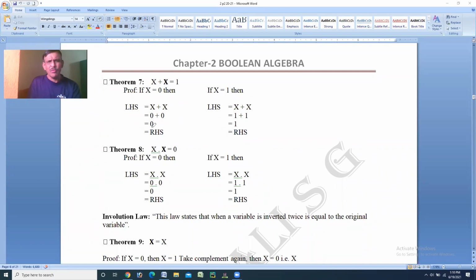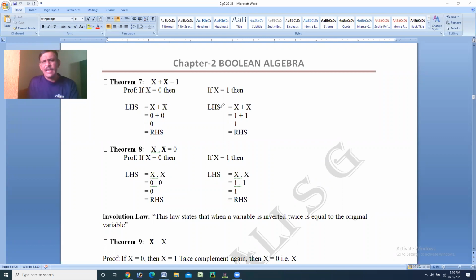I hope it is clear to you all. Here in the 0 complement step you write 1, because this is 0 complement. So 0 plus 0 complement is 0 plus 1, which is 1, equal to the RHS. This is the first case.